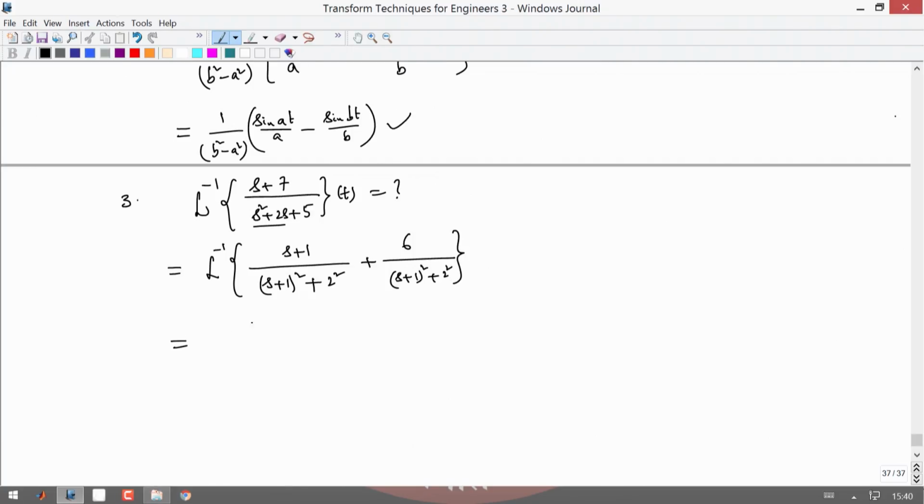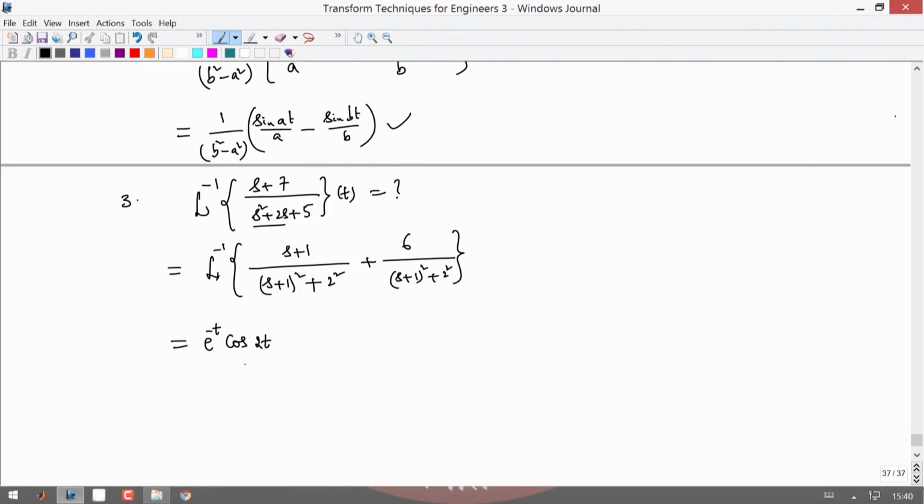If you apply the Laplace transform to each of these, s divided by s square plus a square is cos a t, so that is cos 2t, and because of s plus 1, this is going to be e power minus t. This is the property we are using here: e power minus t multiplied with cosine.